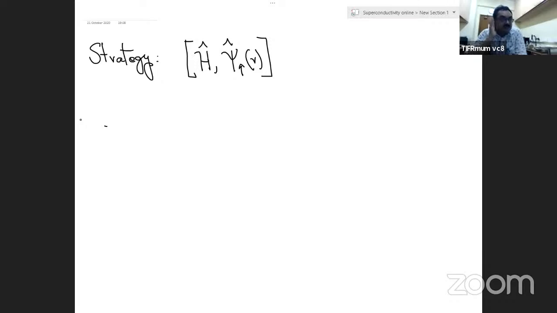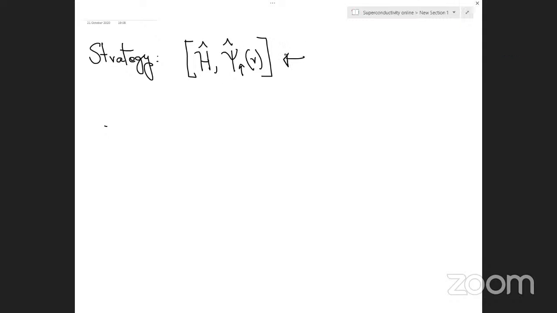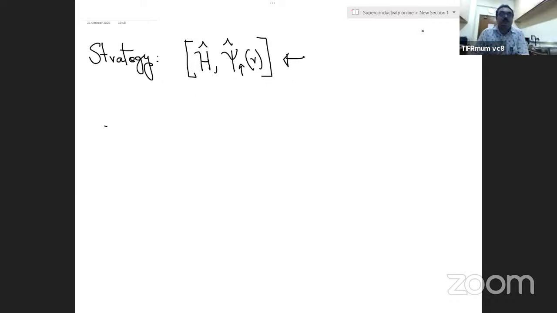So the strategy is the following, that we have to evaluate this commutator here, but we will evaluate in two ways. One is we will use the second quantized Hamiltonian that we have just derived before in terms of the first quantized Hamiltonian.